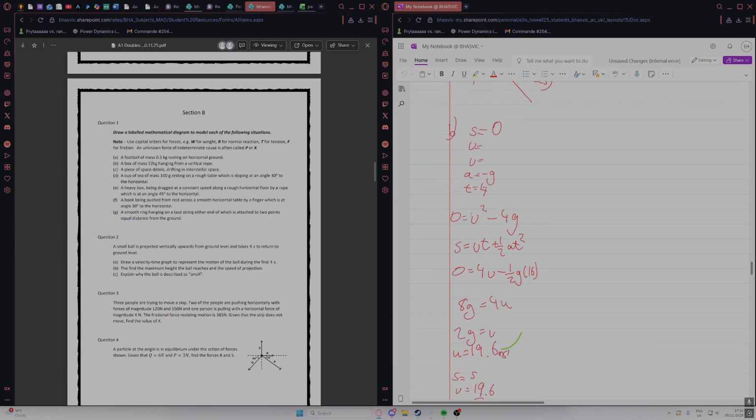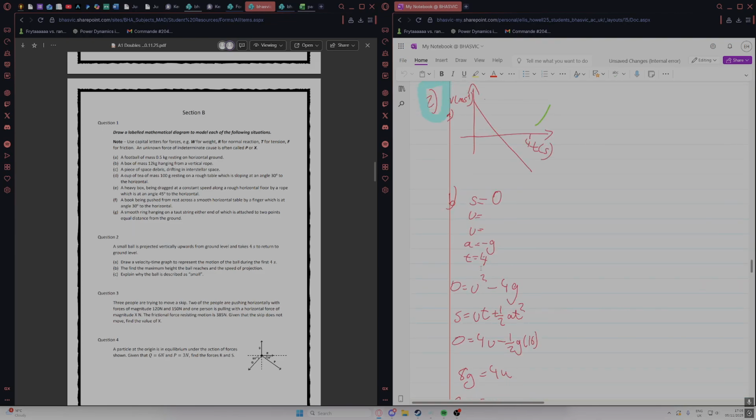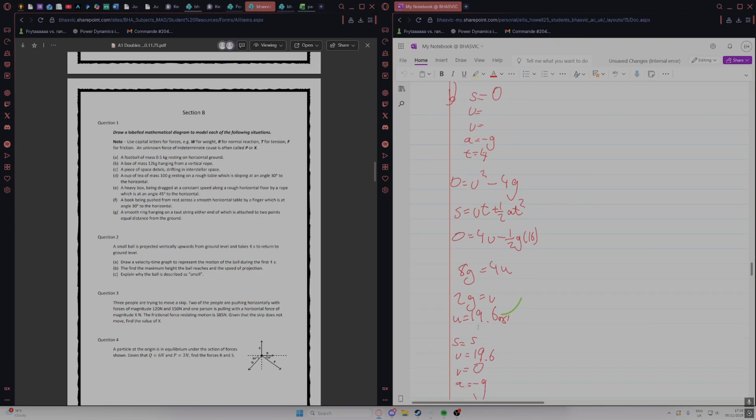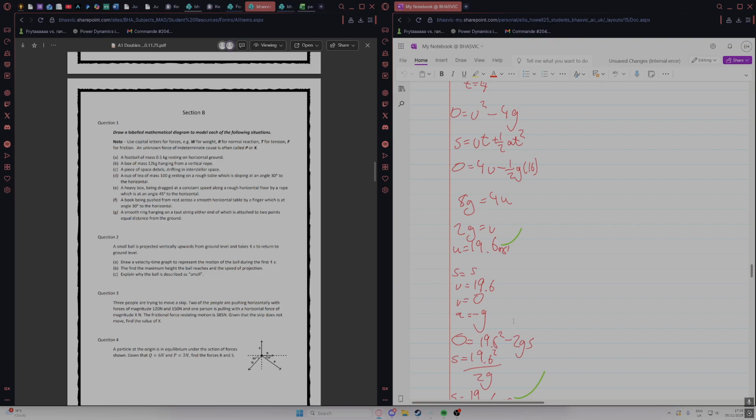Oh, sorry, I completely ignore what I just said. It says the maximum height and the speed of projection.